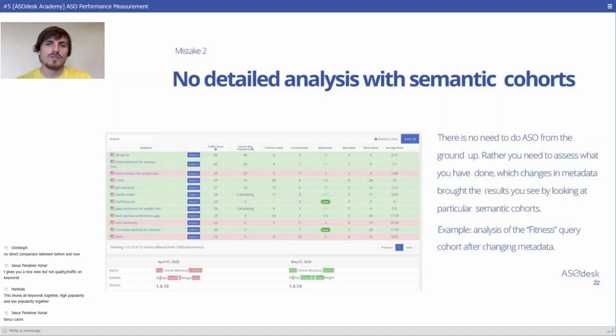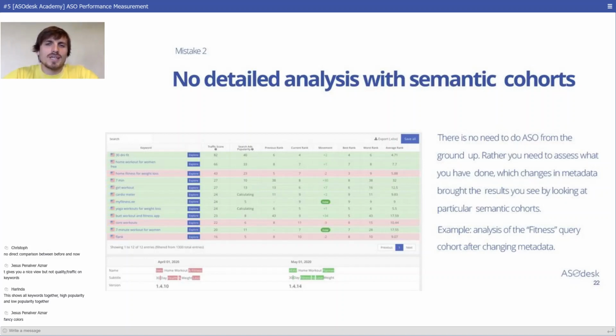The mistake of missing the detailed analysis with semantic cohorts. Sometimes beginners at App Store optimization look at the full bunch of keywords, and there are many keywords which are moving up, and some keywords are losing ranking.